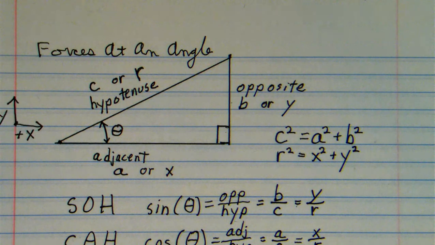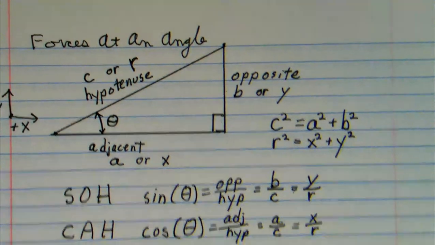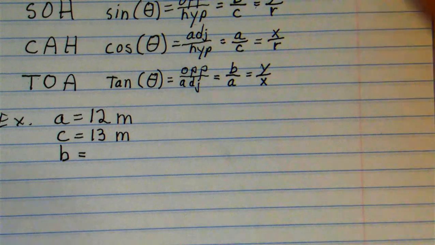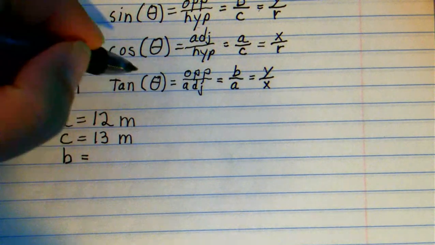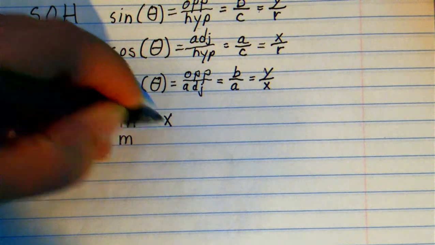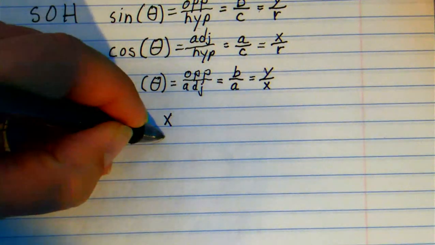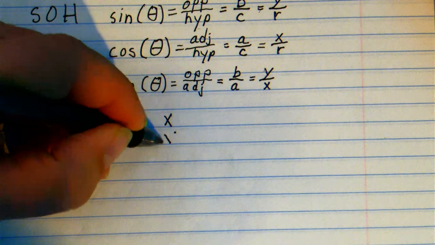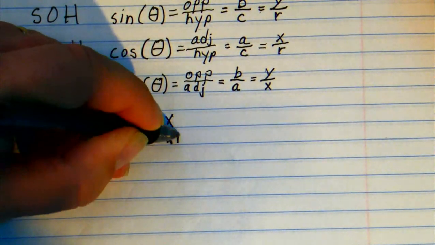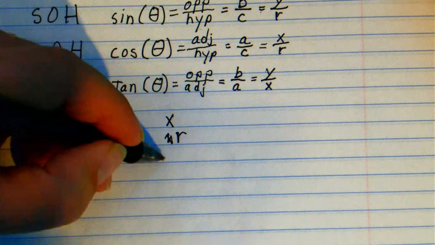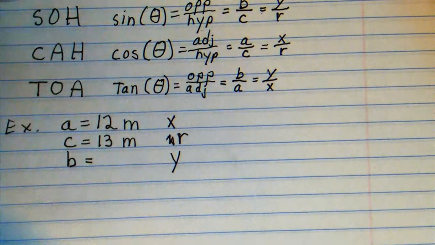If I knew A and I knew C, how would I find B? And of course, as an alternate way of writing this, I could say, if I knew X and I knew R, how would I find Y?